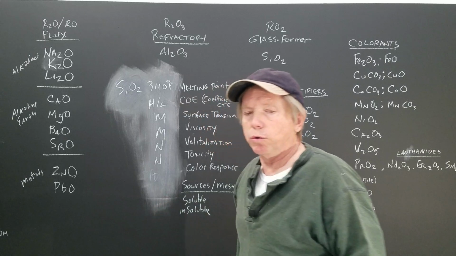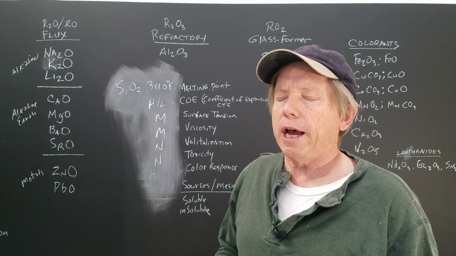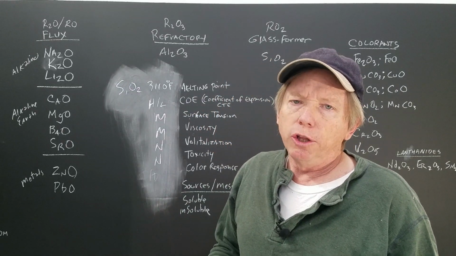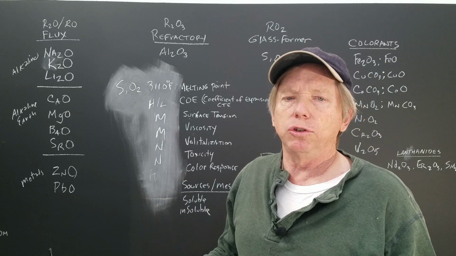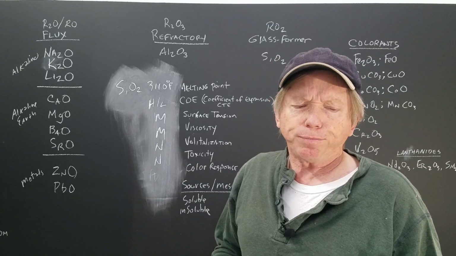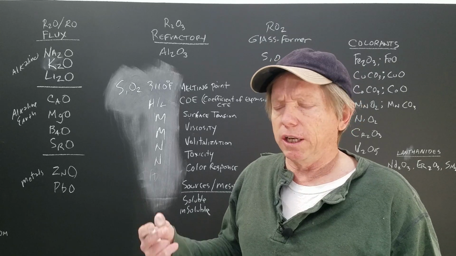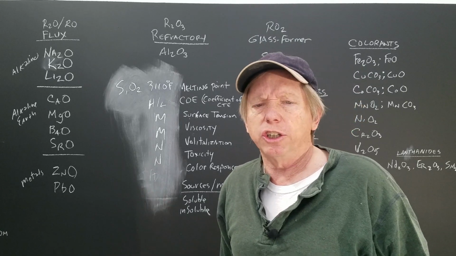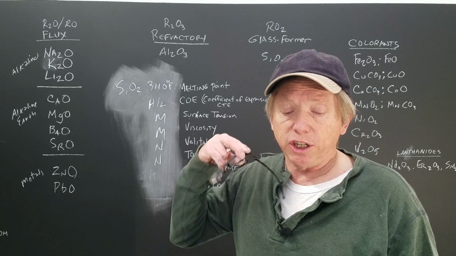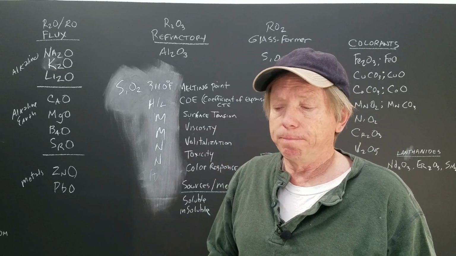So the source is going to be silica. There are types of silica, 200 mesh, 325. 325 is usually the standard. Nowadays, you get a lot of silica in rice hull ash. You can buy amorphous silica and add that to a glaze.